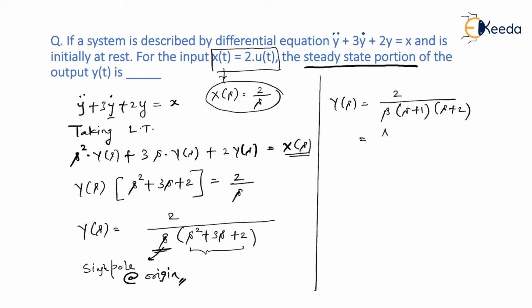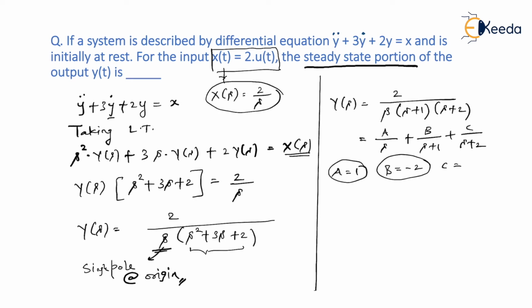By partial fraction concept, you can write this as A by s plus B upon (s plus 1) plus C upon (s plus 2). Just apply partial fractions and verify these values: A equal to 1, B equal to minus 2, and C equal to 1.